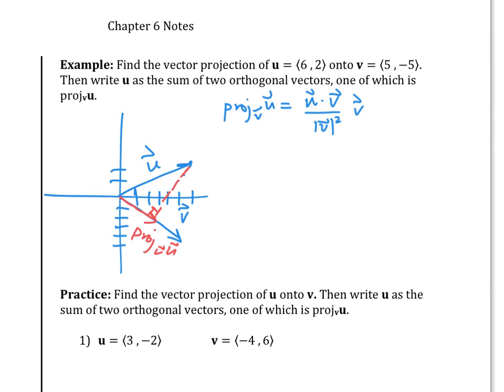Be careful with this formula. v is the direction, so there's more v, and we're using the magnitude of v here.